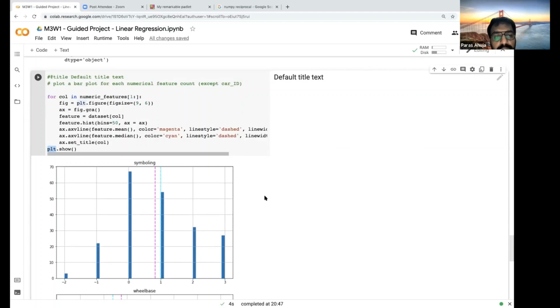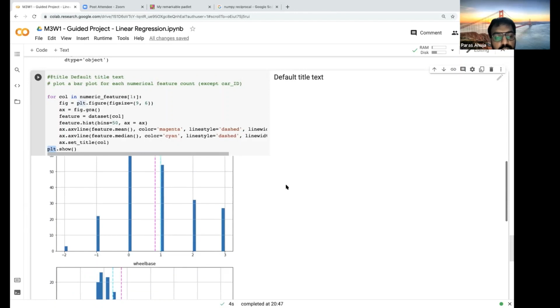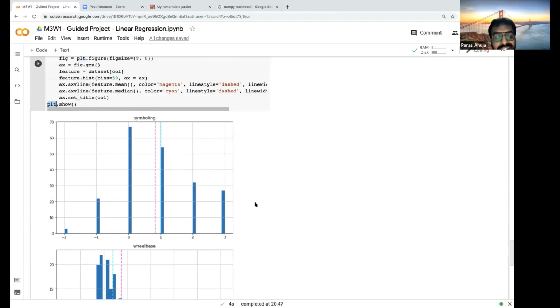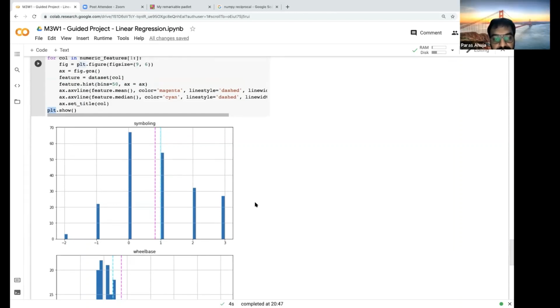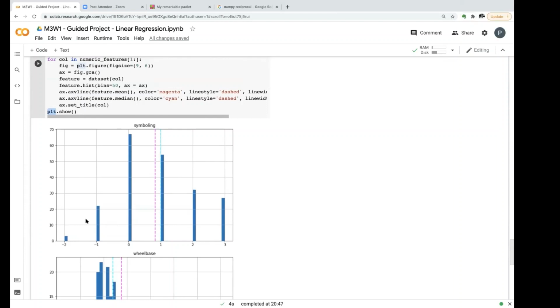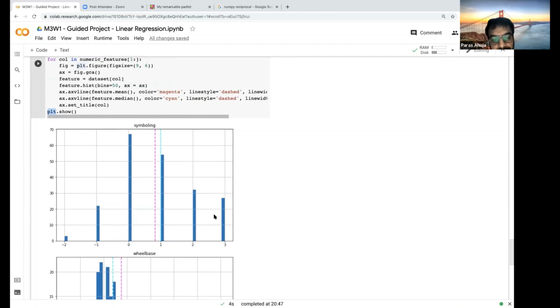So the first column is symbolic, and symbolic is something related to insurance. Symbolic tells us whether, from the insurance perspective, that particular car is risky or not risky. It has values from -2 to 3. My question to all of you: as you can see, it's normally distributed, or close to a normal distribution.